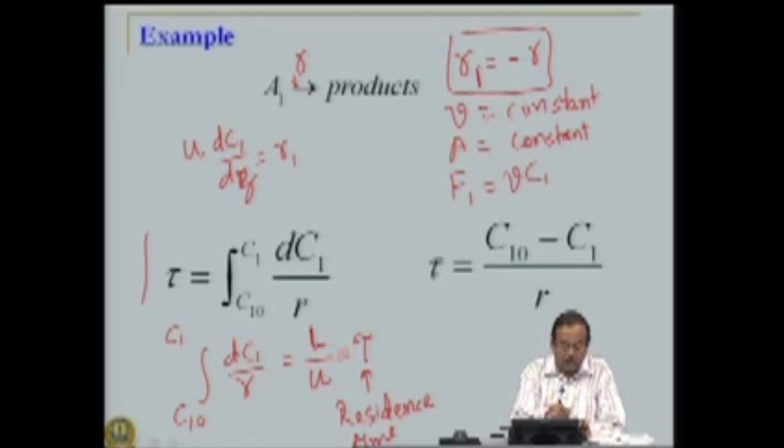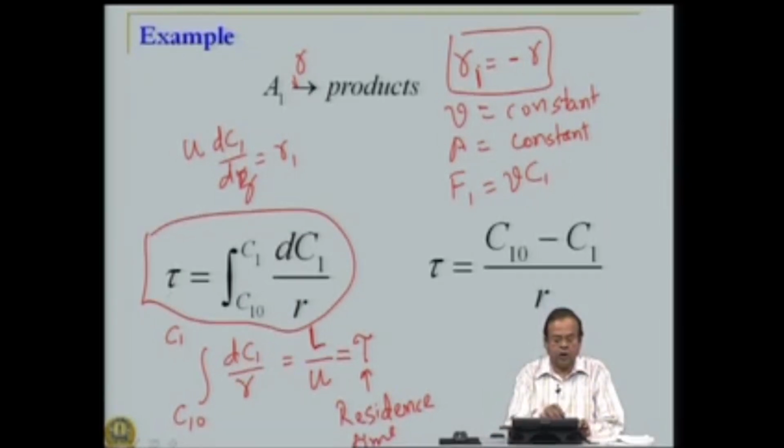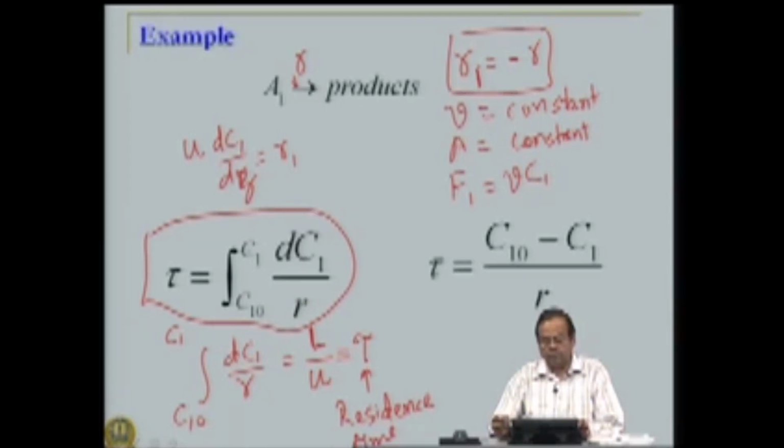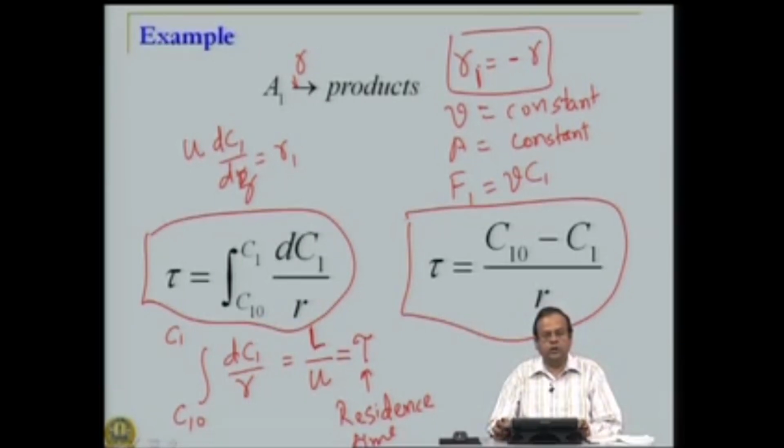So, we get our mass balance equation, which for a plug flow reactor for this reaction A1 going to products under these simplifying assumptions is tau equal to the integral of 1 over r dC1, limits being C10 to C1. Now, if we do the same simplifications for a mass balance on a stirred tank reactor, we get this particular design equation.